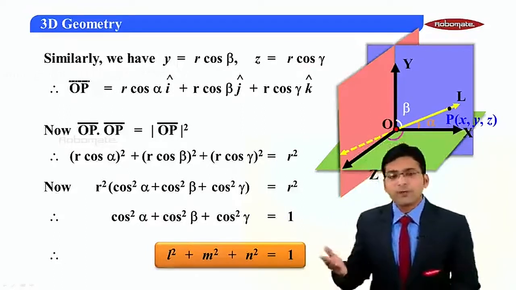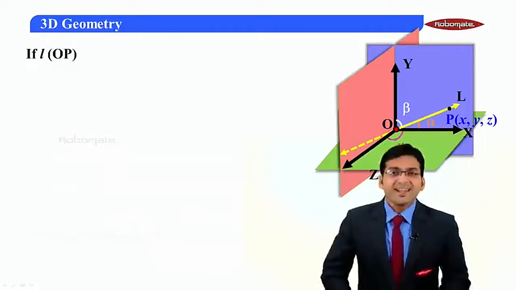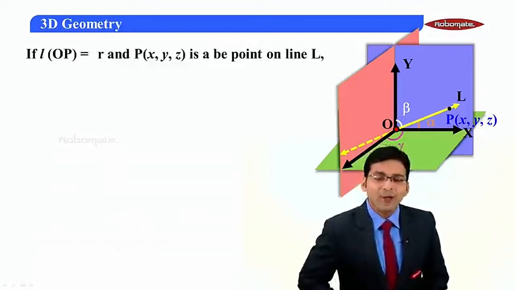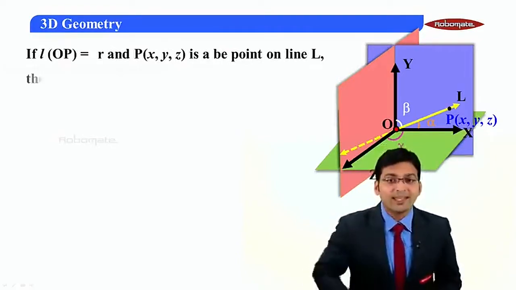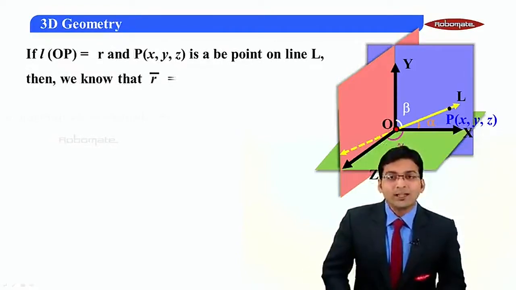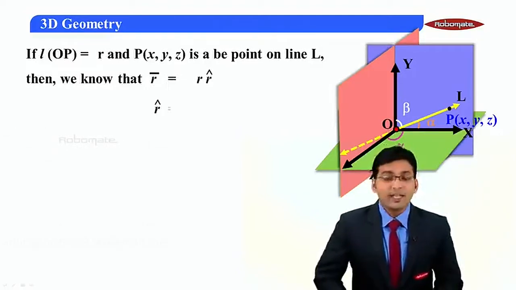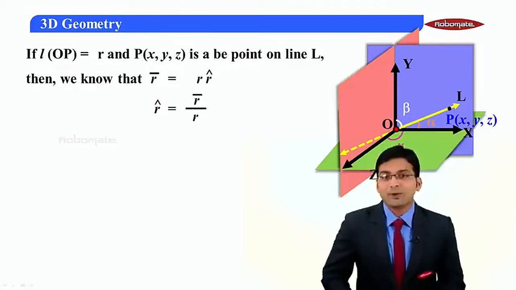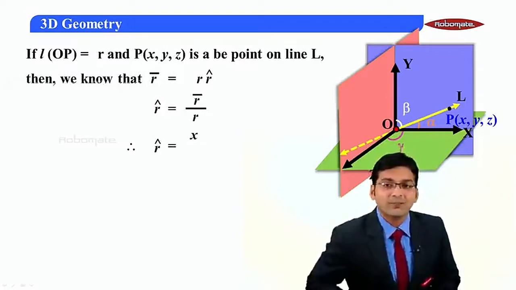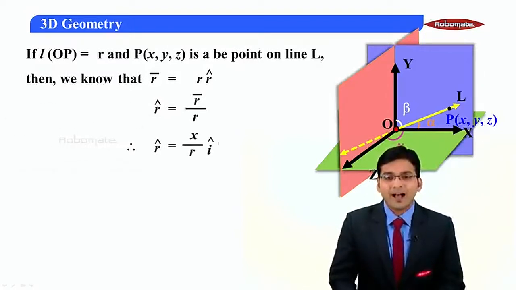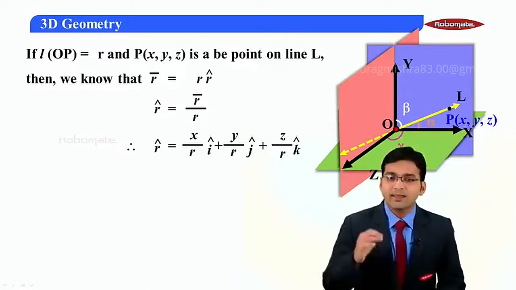Okay, so once we have proved this result, let us see if we can get something else. If length OP is equal to r and P(x, y, z) is a point on line L, then we know that r bar is magnitude r into r cap, right? And this will give r cap as r bar upon r, right? And let us proceed further. So unit vector r cap will be x upon r i cap plus y upon r j cap plus z upon r k cap.